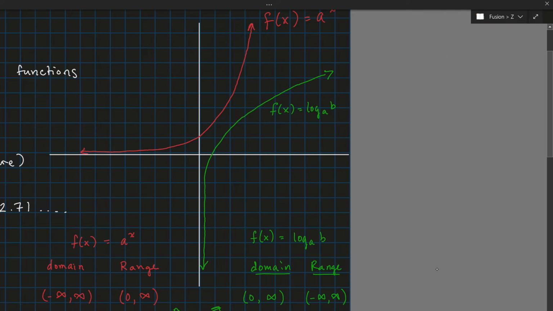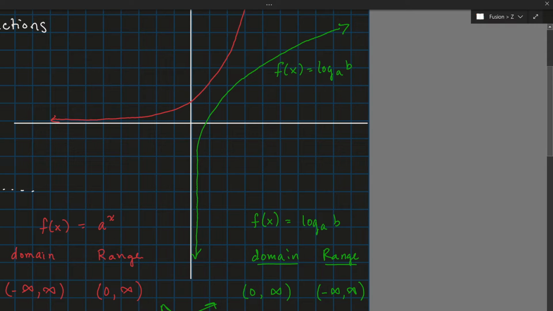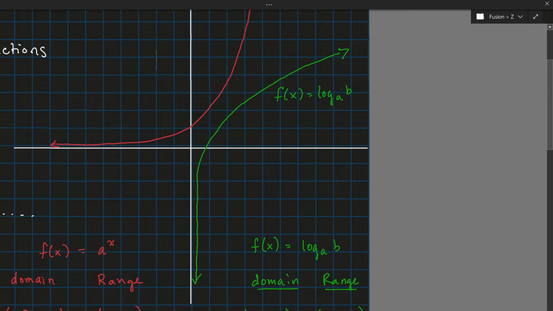We can see how it flips because if you look at the graph here, it approaches 0, but in the same way as it did horizontally here, it never actually touches 0. So that's why the domain, the x values, start at 0, and as you go further right, they just continue on to infinity. Similarly, the range goes all the way down in the y and all the way up in the y as well, so that's why it's negative infinity to infinity.